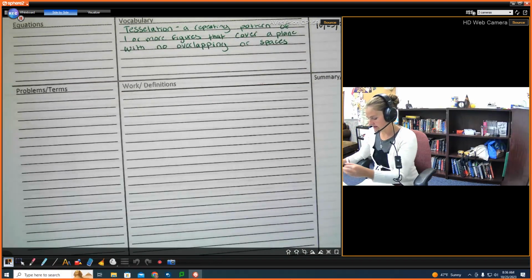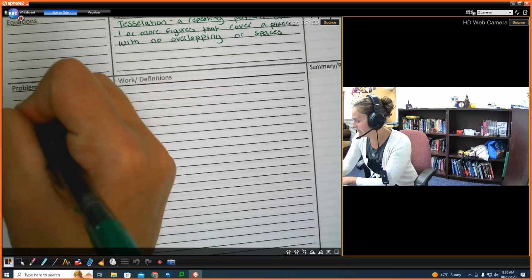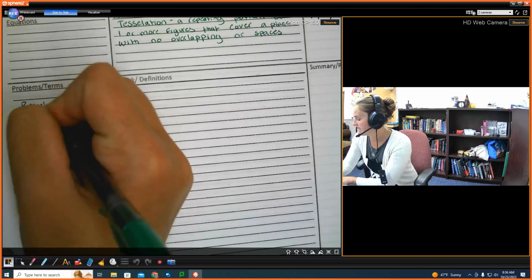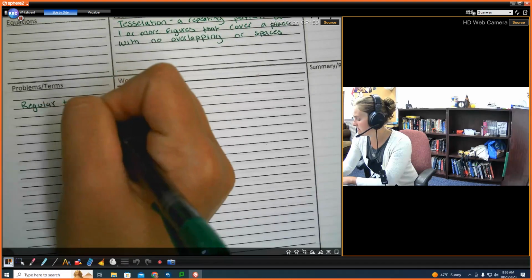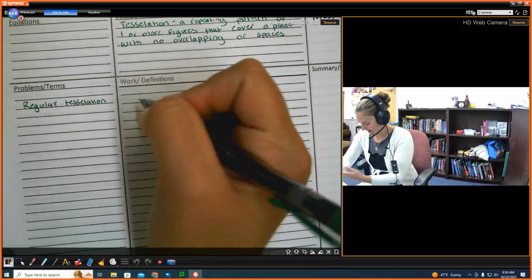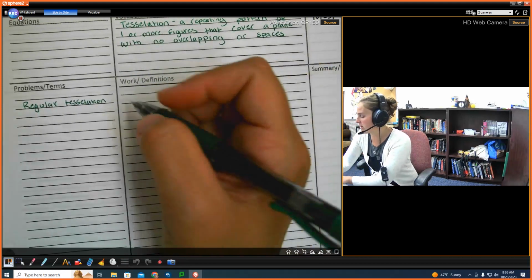Okay. So down here we're going to put regular tessellation. And regular means it's formed by only one type of regular polygon.